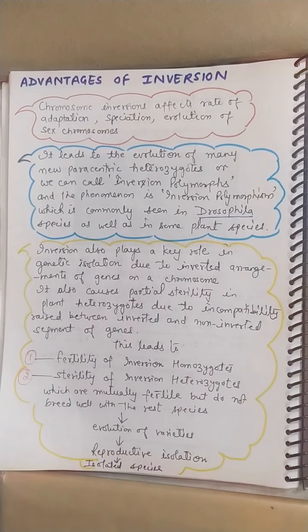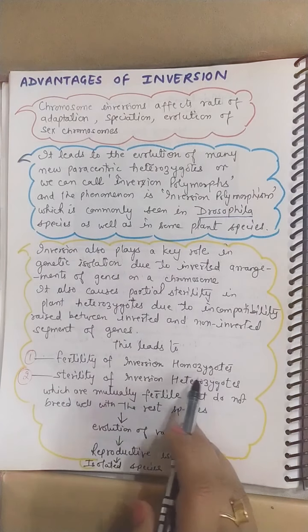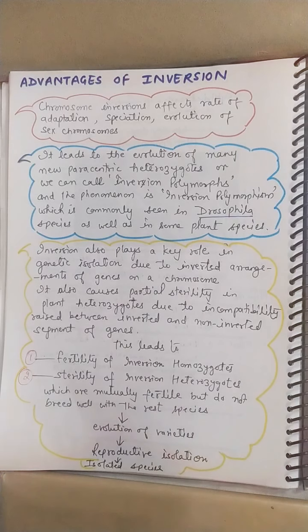This may lead to two types of species, one having fertility of inversion homozygotes and second, sterility of inversion heterozygotes. Although these are mutually fertile, they do not breed well with the rest of the species. So this leads to evolution of varieties and reproductive isolation, means isolated species are formed due to the inversion.